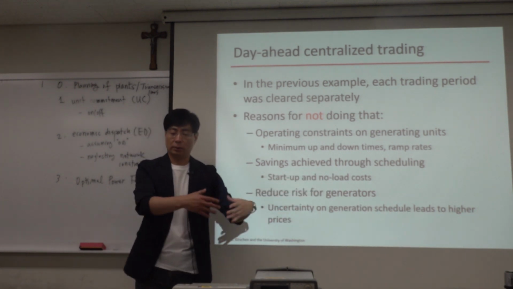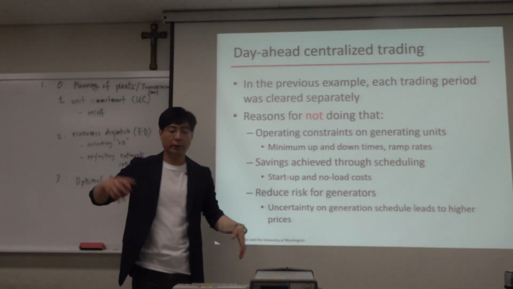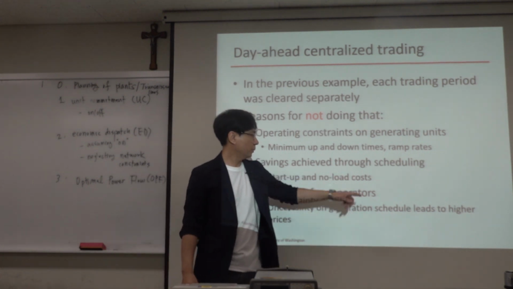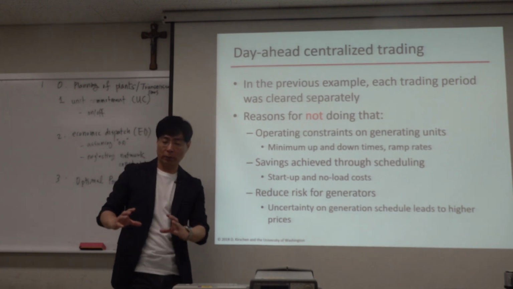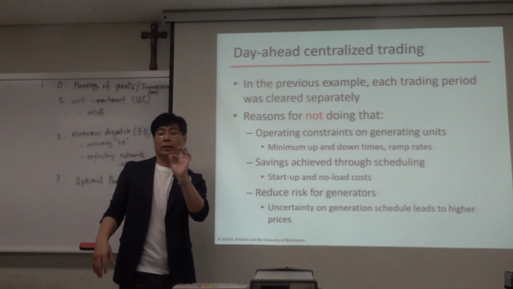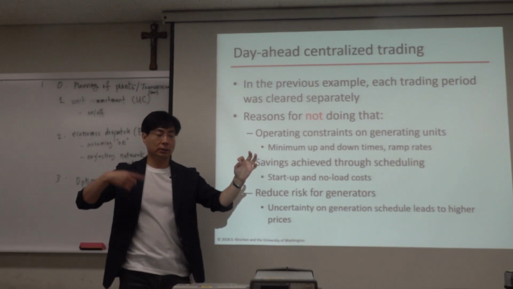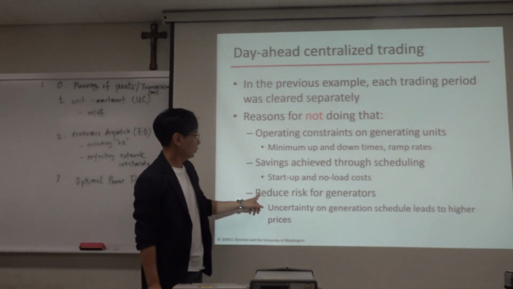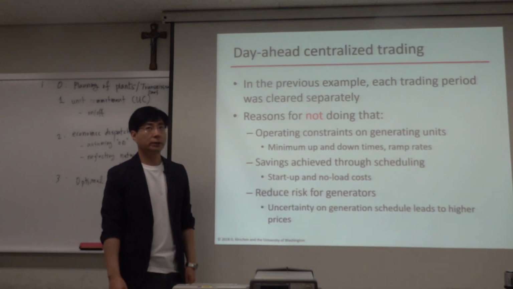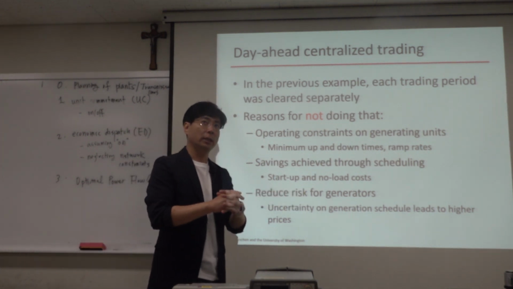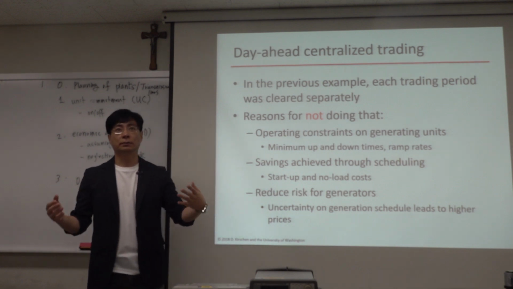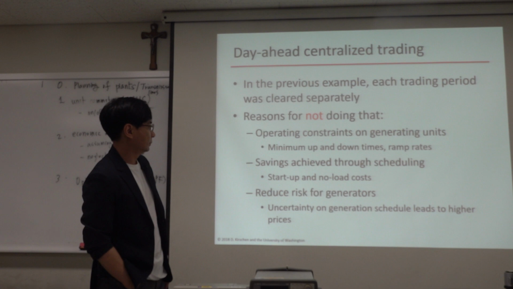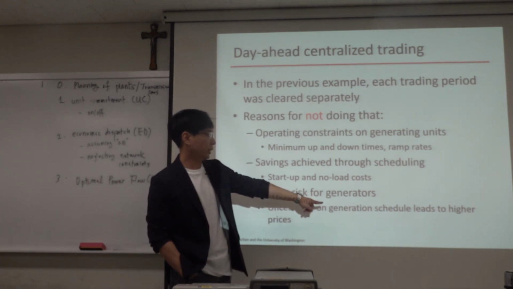Startup cost means that the generator is off and you turn it on, then it incurs some cost. Okay, and no load cost means that even when the generator is turned on and its output power is zero, it still has some cost, the fixed cost. And to reduce the risk of generators for each maintenance, it would be better to have a schedule day ahead. So, yeah, that reduces uncertainty on generation.